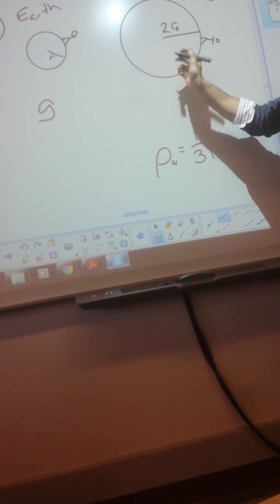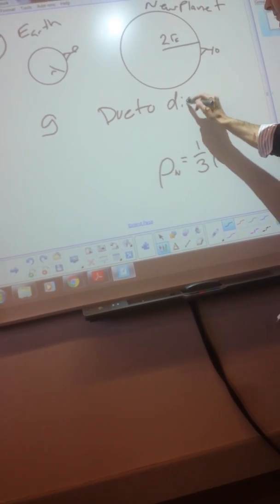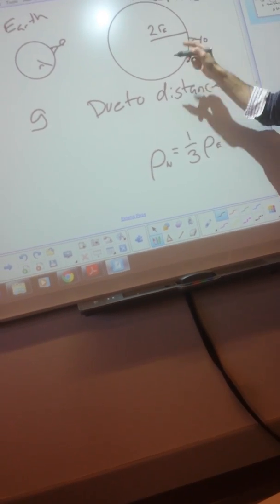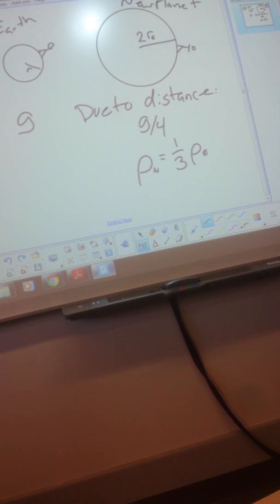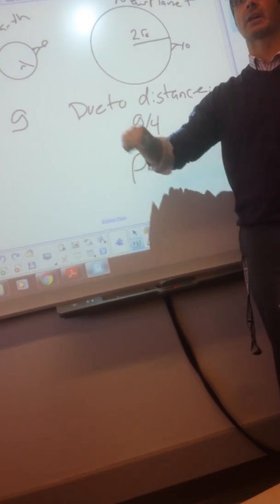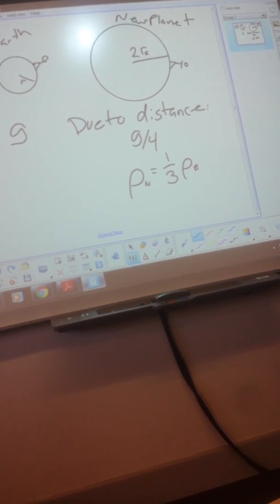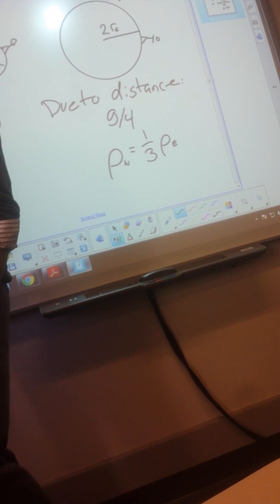So, due to distance, there are only two factors, distance and mass. This planet is going to have a fourth of the amount of g's that you have over here. We okay with that? So that's how you write it in the fraction.